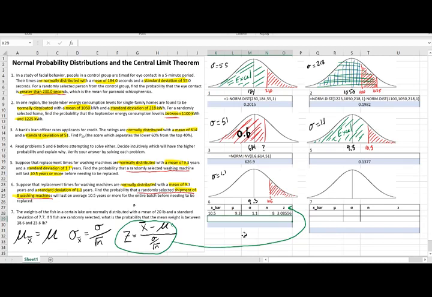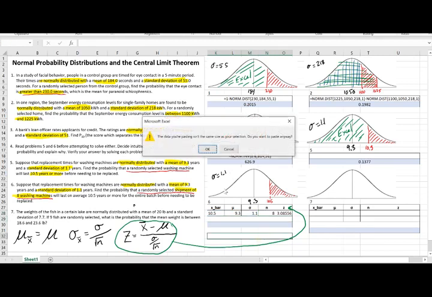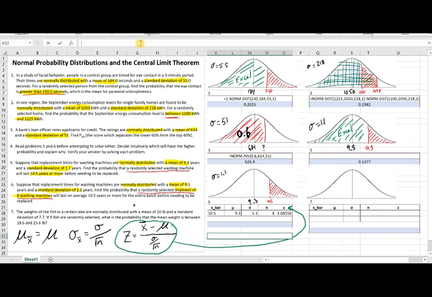Okay, so there's our z-score. And you know what, we could add that text down here as a point of reference for later. Oh, no, we want to change that to text so we could actually read it. Okay, so there's our z-score.